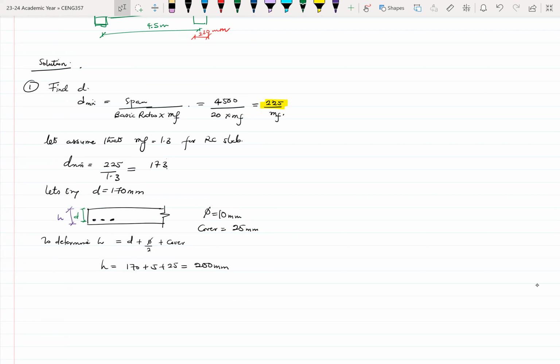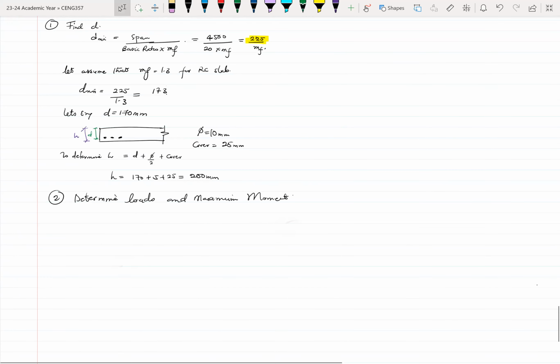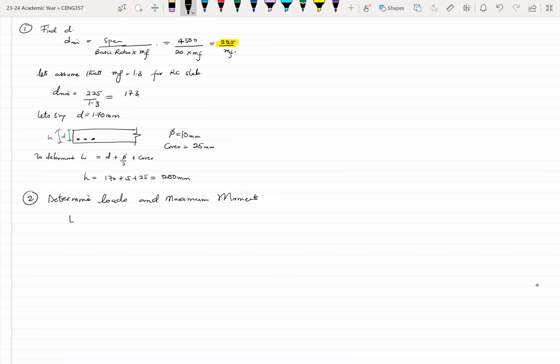So let's look at how to determine the load and maximum moment. All right. So we're told that the live load LL was given to us as 3 kilonewtons per meter, and the dead load, so let me put it this way.